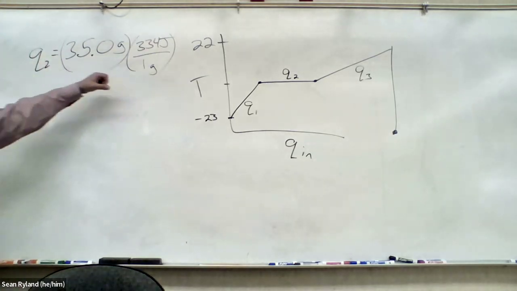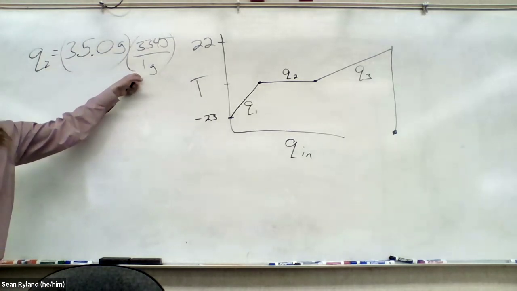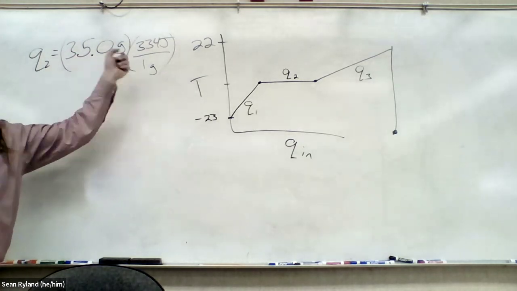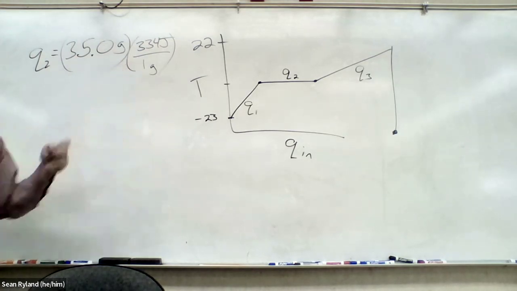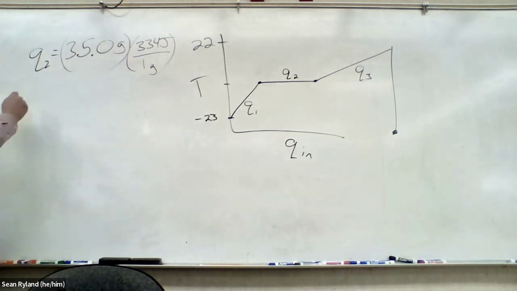If our enthalpy of fusion was given in moles, then we would just have to convert the grams to moles first, but we know how to do that. It's just 1 extra step. So getting a number for Q2 is pretty straightforward.